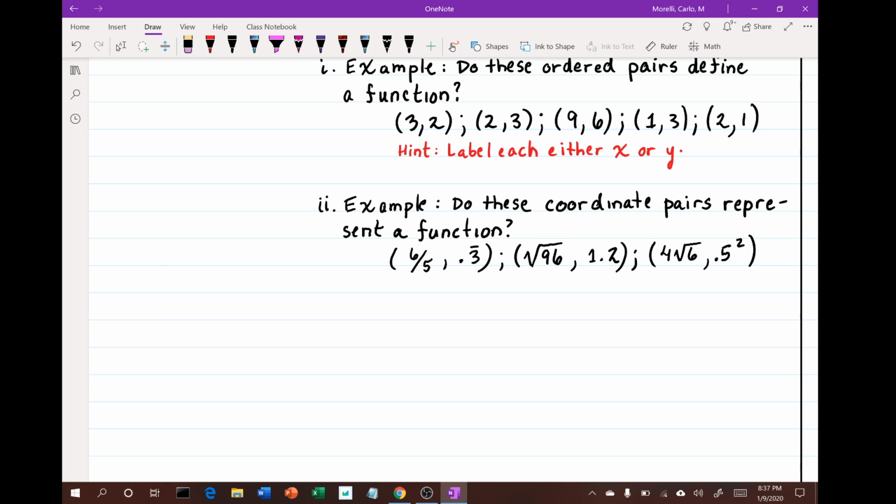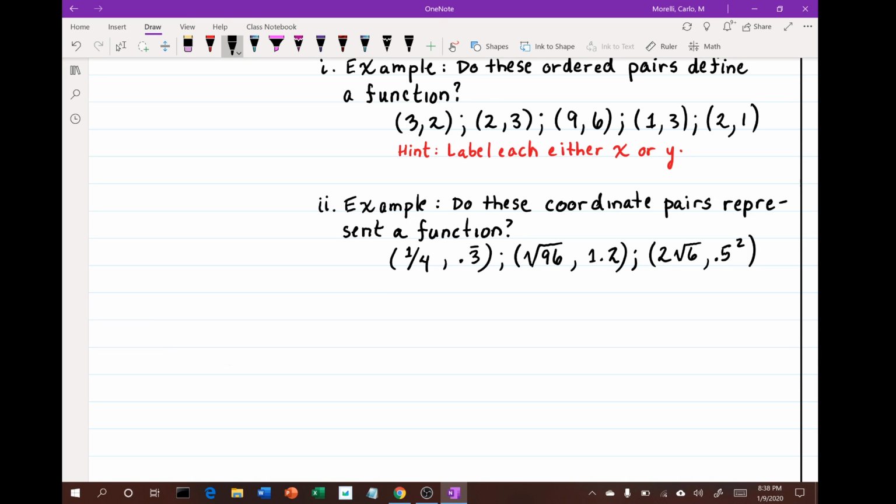So here's what we're going to do. We need to make this 2 square root 6, so it's not the same.